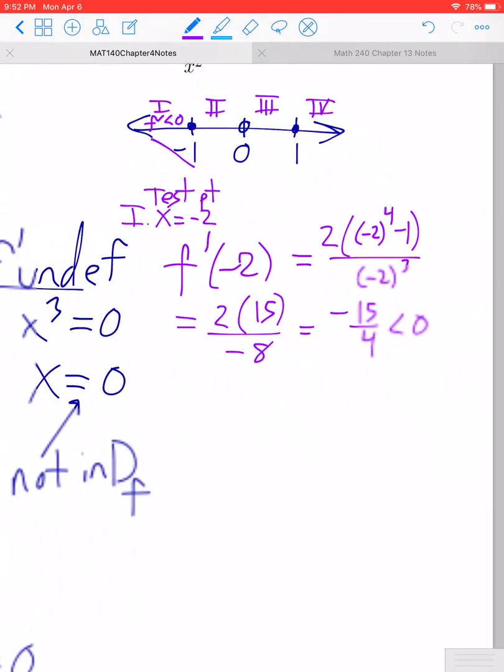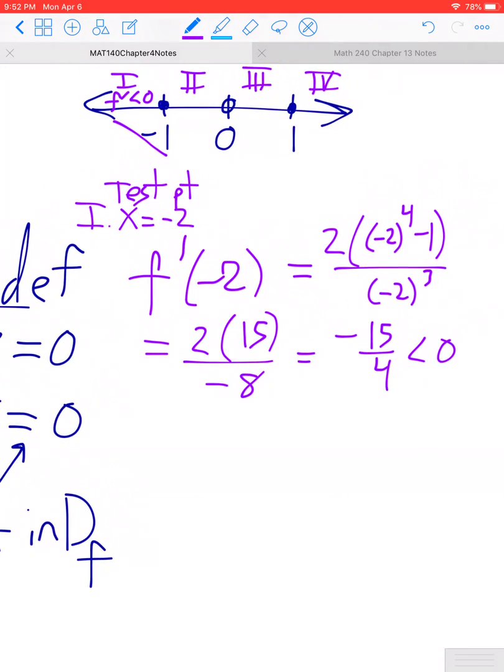Let's take a look and see what's going to happen in region 2. Might try a test point of, let's say, x equals -1/2. F prime of -1/2 is going to be equal to 2 times (-1/2)^4 minus 1 divided by (-1/2)^3.